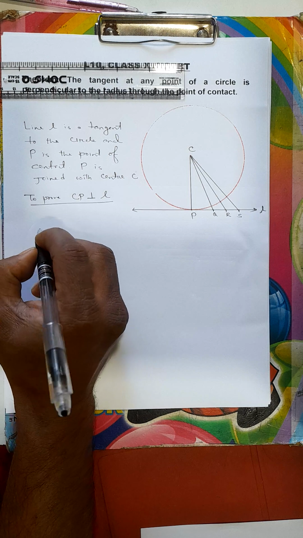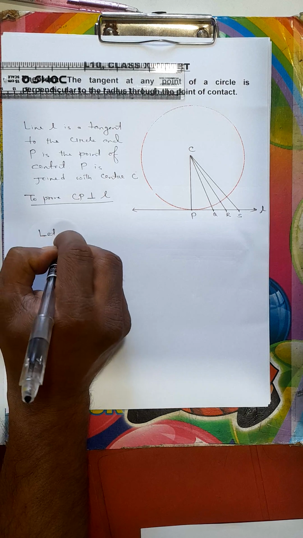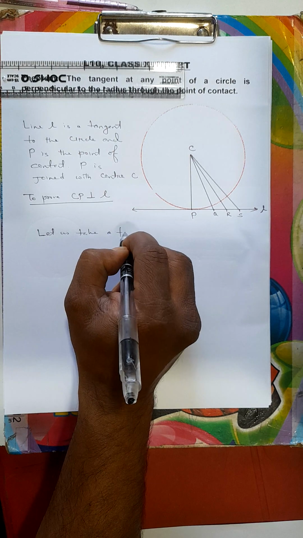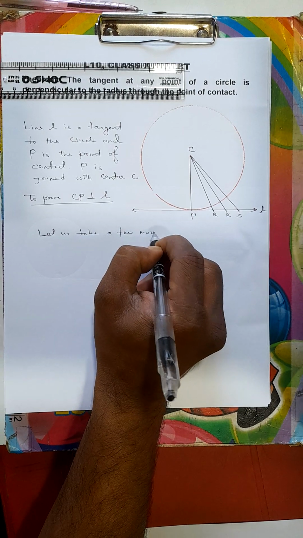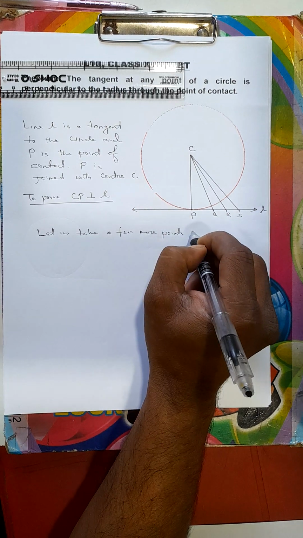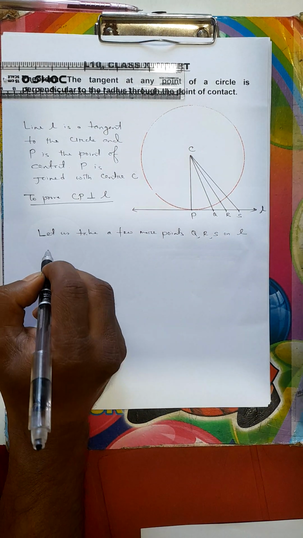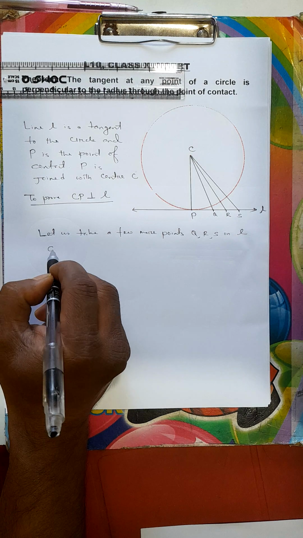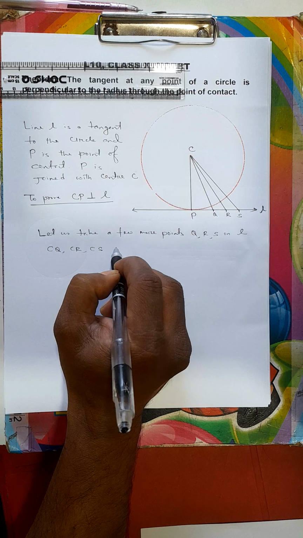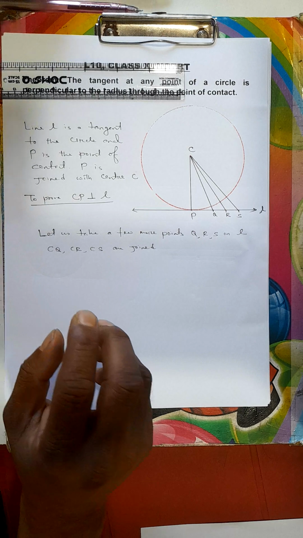So we are taking a few more points on the line L: Q, R, S on L, right? And CQ, CR, CS are joined.